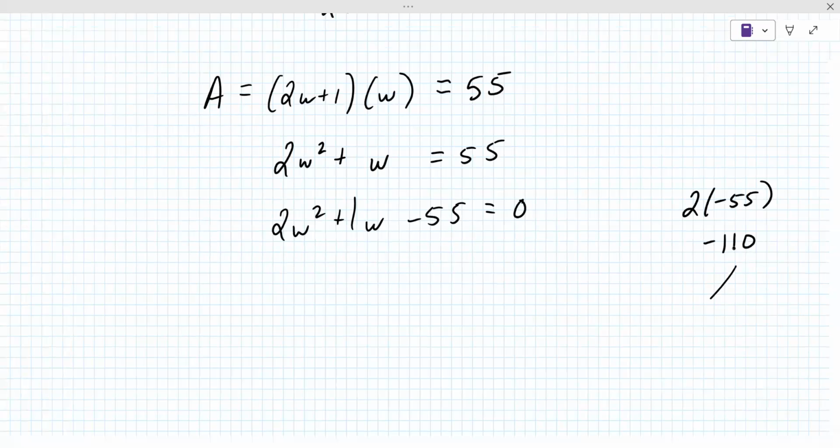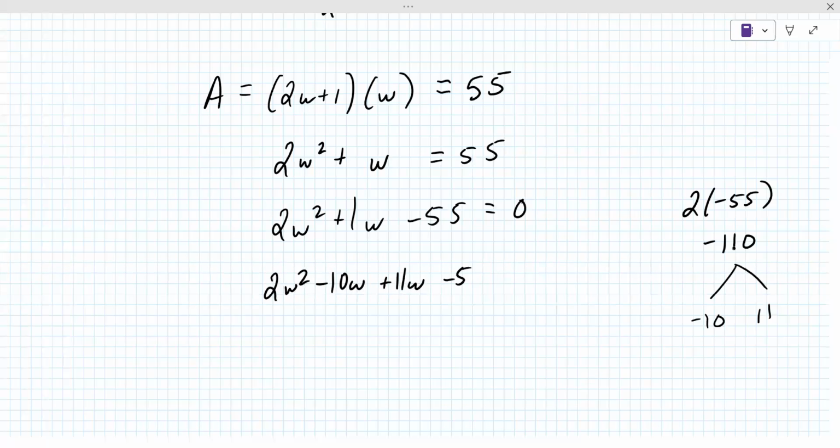They have to add to 1 and multiply to negative 110. Yeah. So actually it's easy. It's 11 and 10. Which one's positive, which one's negative? Positive is 11, negative is 10. Okay. So this is 2W squared minus 10W plus 11W minus 55 equals 0. This is a factor by grouping.